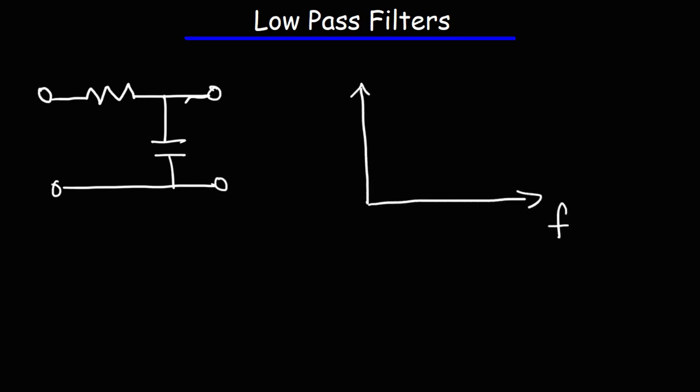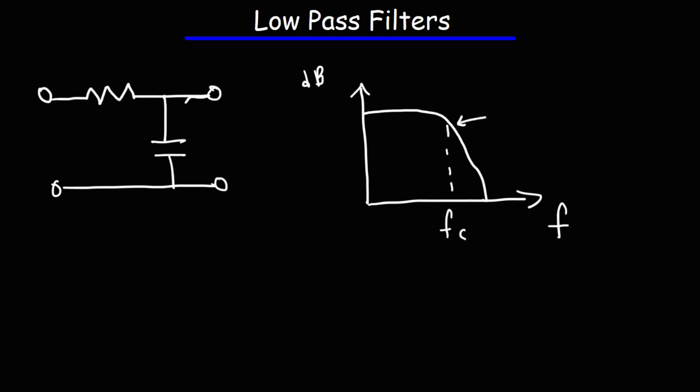So for the RC low-pass filter, this circuit has a frequency response that looks like this. Here we have F on the x-axis and the decibels on the y-axis, and this is the shape of the graph. So this would be the cutoff frequency, FC.